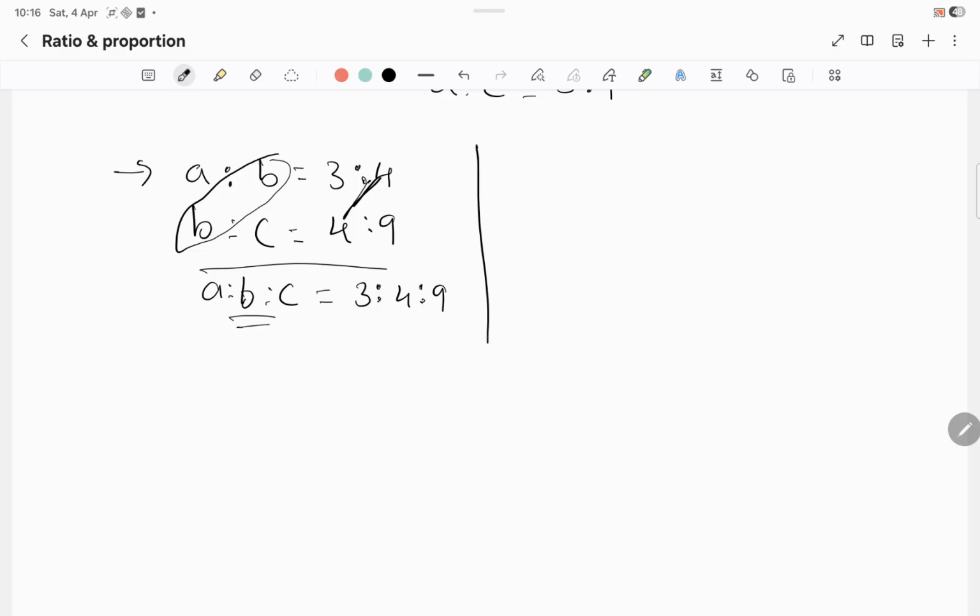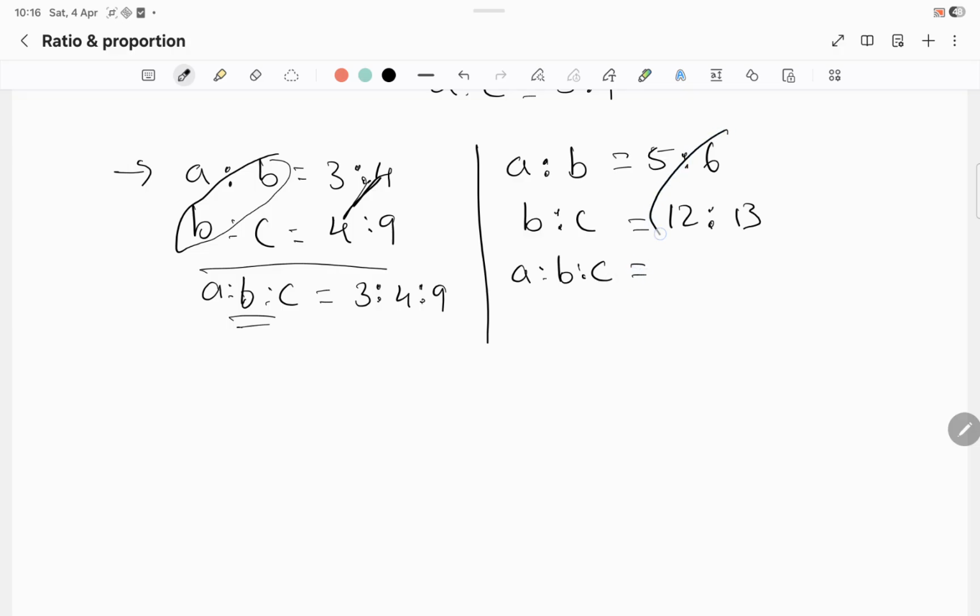If suppose they ask A is to B is equal to 5:6, B is to C is equal to 12:13. Now A is to B is to C is equal to.